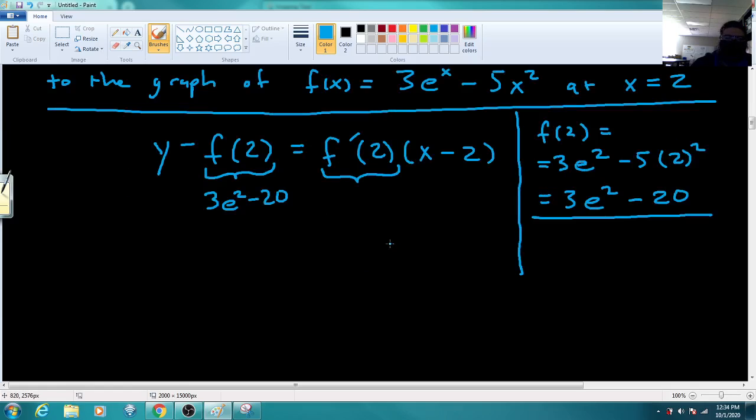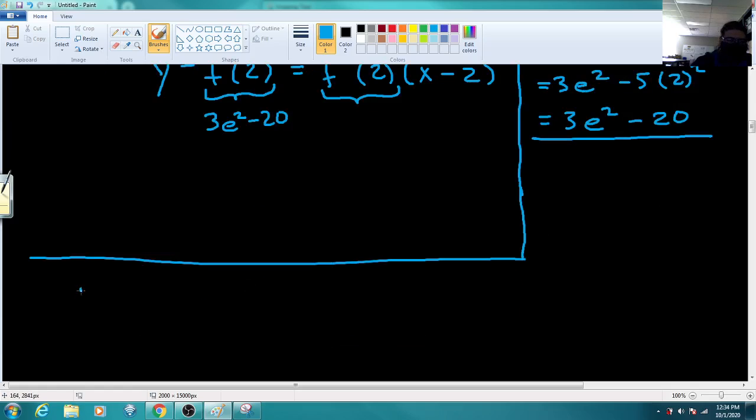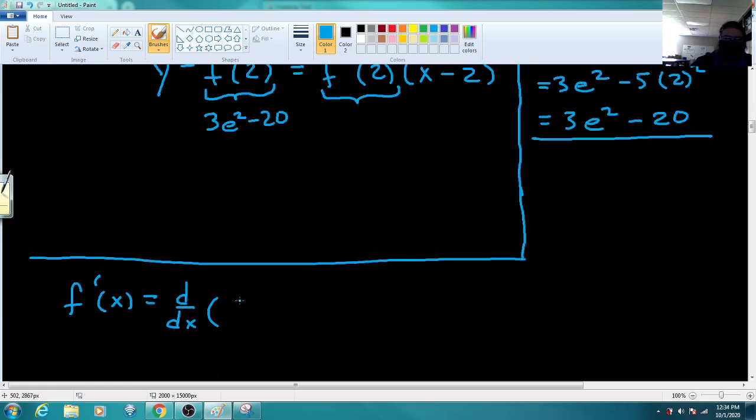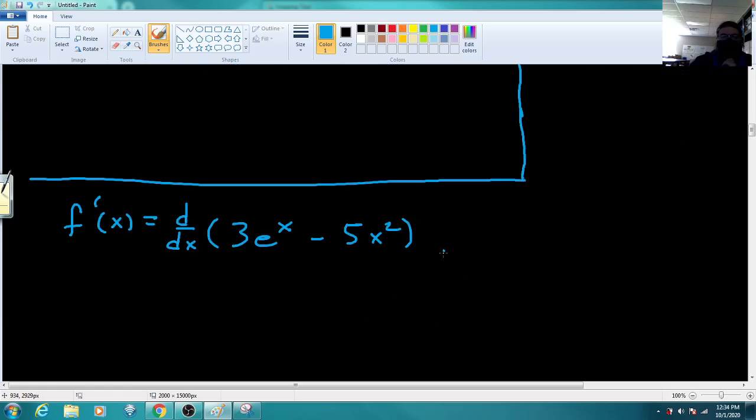To find f prime of 2, we're going to come down here a little bit and do some scratch work and calculate the derivative. F prime of x will be d dx of the function. The function is 3e to the x minus 5x squared. We're going to use the linearity of the derivative operator to break it across the subtraction, and push the constant out front.